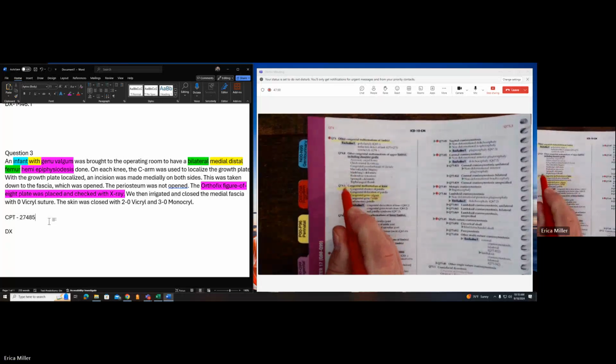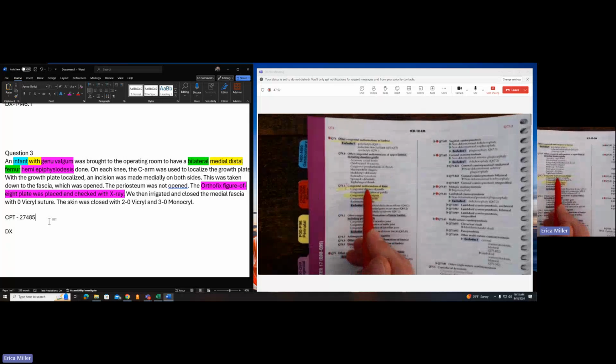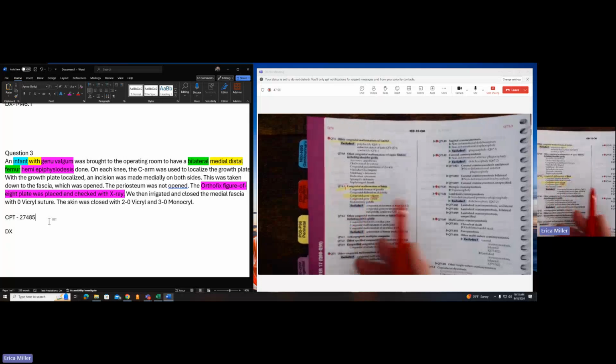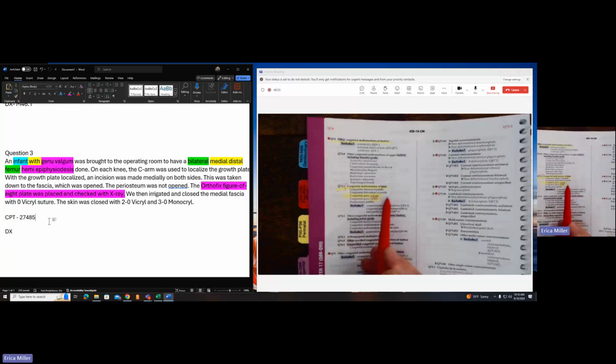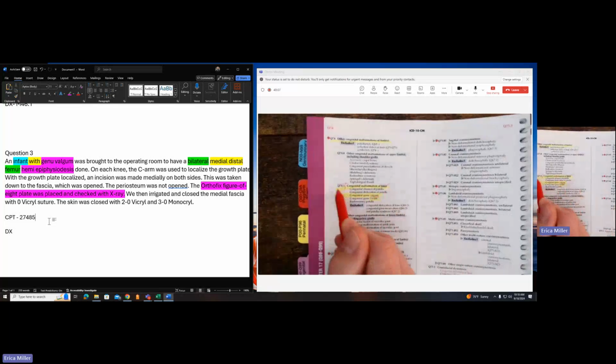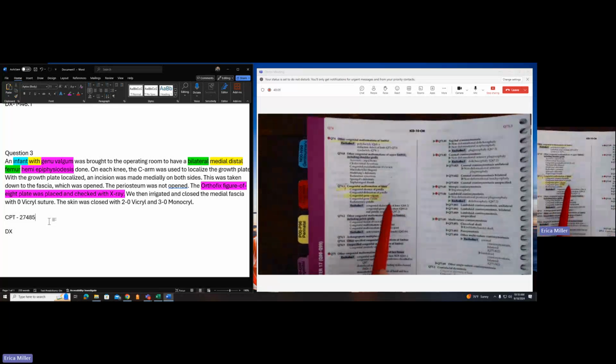Q74.1. Now we're talking about congenital malformations of the knee. Congenital absence of patella, and then also notice, before I start reading, these are all other variations of conditions that will still fall under the code Q74.1. So they could have said that it was a congenital malformation of the knee.